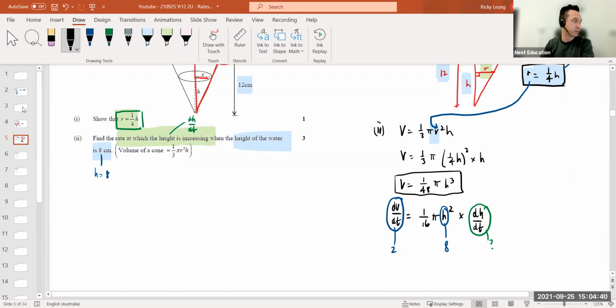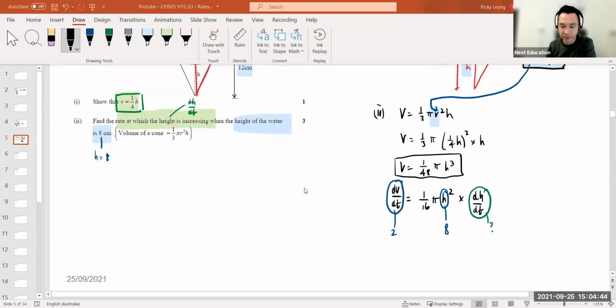So let's see what we get. 2 equals 1 on 16 times pi times 8 squared times dh/dt. Now 64 on 16 is 4, so once again, half: 1 on 2 pi.